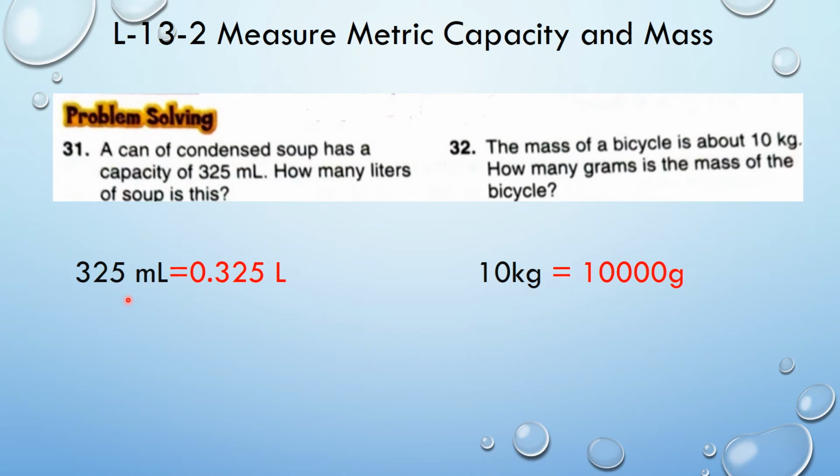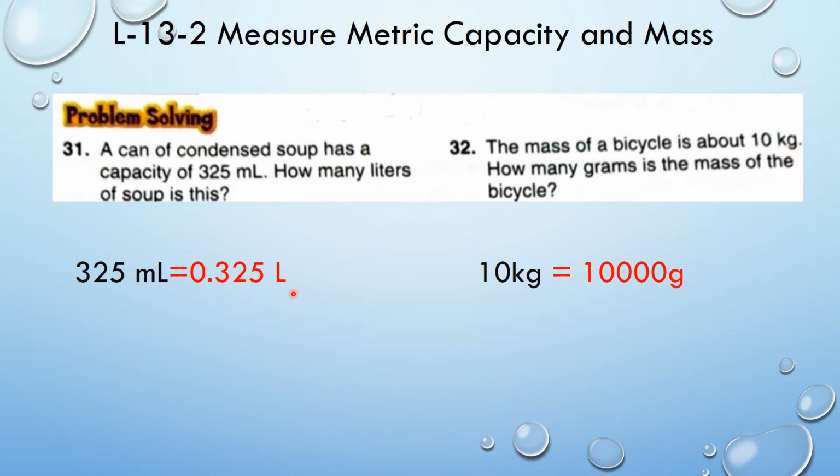Then how to convert? You know, your decimal is there. Milliliter to liter. Remember, from down to up. That means move left 3. 1, 2 and 3. The point is there.